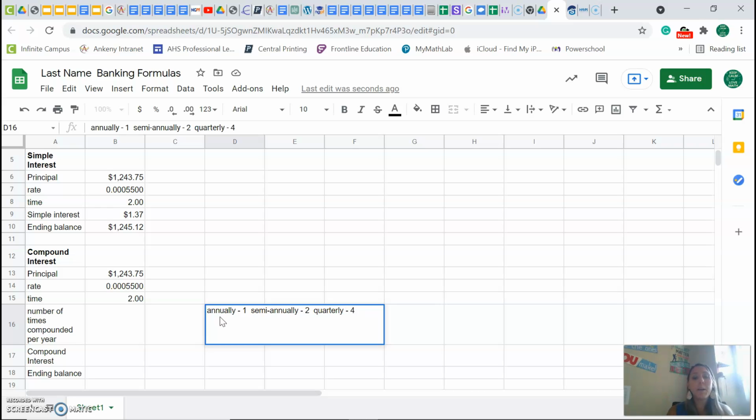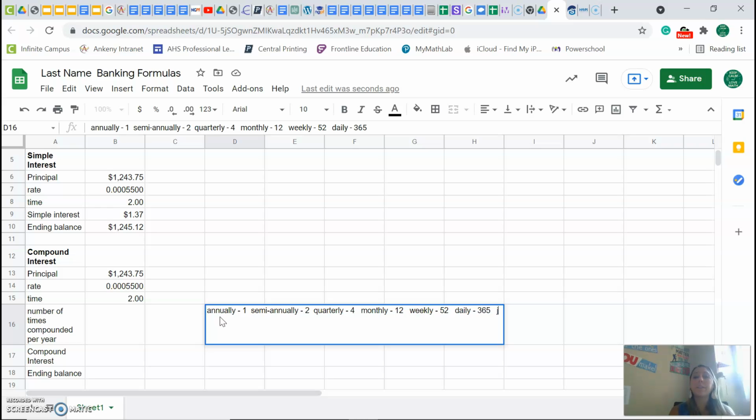If it's being compounded monthly, then that's happening 12 times a year. If it's being compounded weekly, then that's happening 52 times a year. If it's being compounded daily, remember that's the most common, that's 365 times a year.